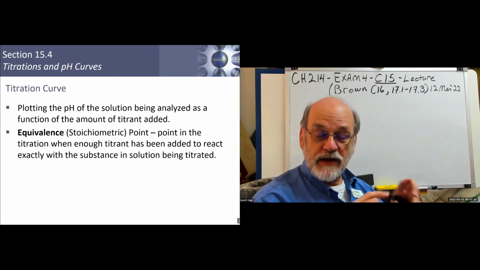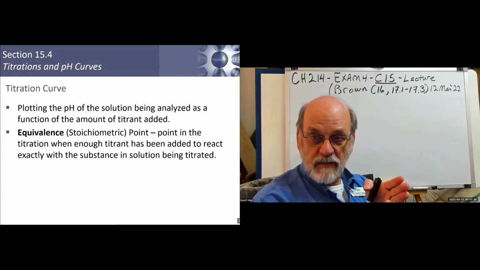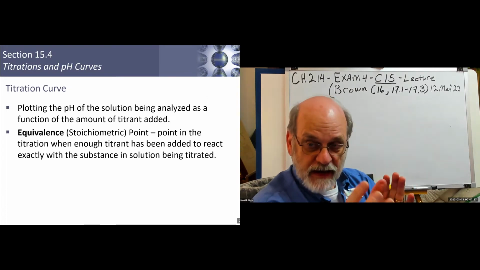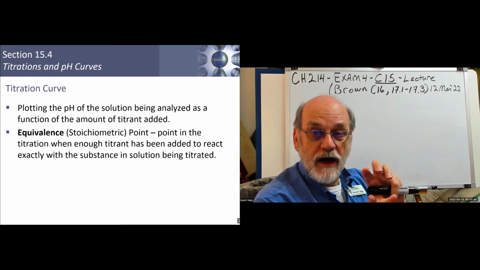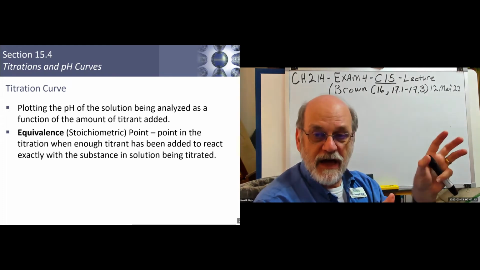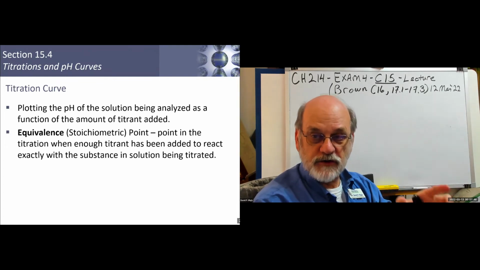And if you add enough base to the acid so that all of the hydroxyls from the base have now consumed all of the hydrogen ions from the acid, that's the equivalence point, or the stoichiometric point.